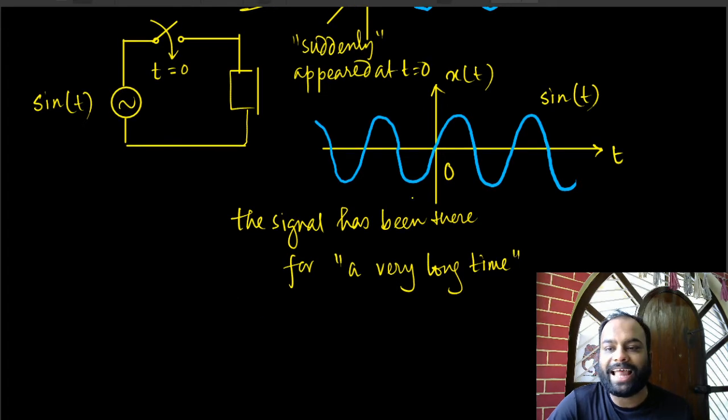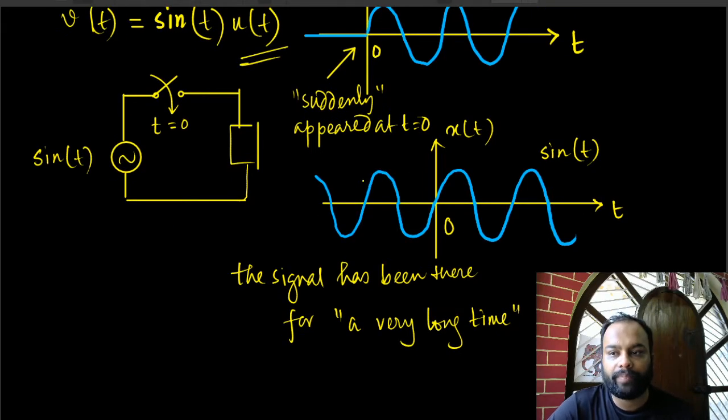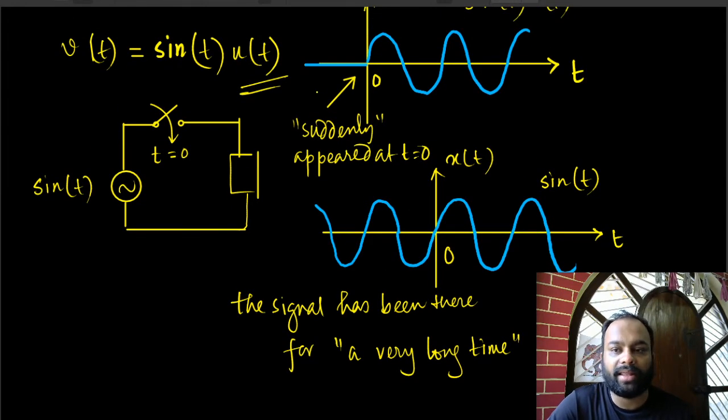You can go as far as you want, and this signal still should have existed, because you don't have u(t) multiplied here. But for this one, you can consider the signal to be suddenly appearing at a certain point of time. So it should have moved the system from one steady state into another.